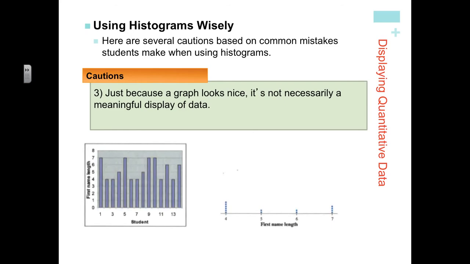This is a glorified bar graph: student 1, student 2, student 3. The first name length is a quantitative variable, so a bar graph is not an appropriate way to display its distribution. So the dot plot on the right would be a much better way. So just be careful of that.